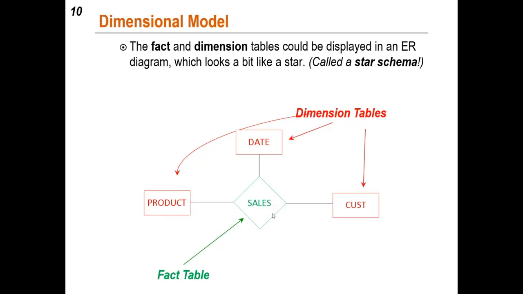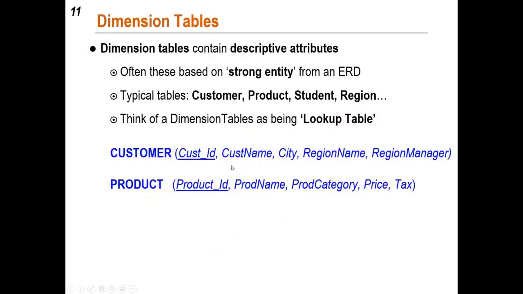So that is basically what it looks like in the data warehouse. Dimension tables here contain the descriptive attributes, as I mentioned before. All these descriptive attributes you can usually find in the strong entities.